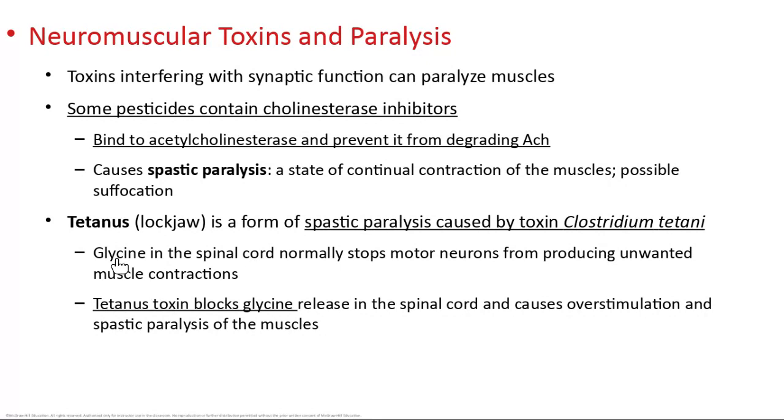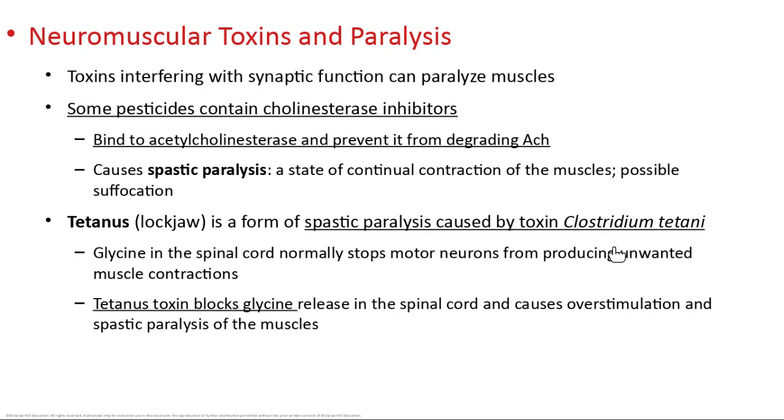What glycine helps to do is put a check or a control on motor neurons. So glycine helps to prevent unwanted muscle contractions. It helps these motor neurons hone more specific types of movement or prevent unwanted movement.